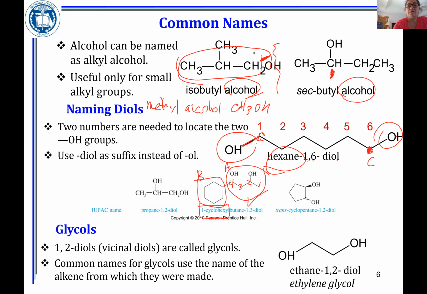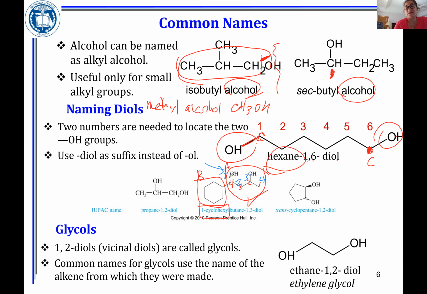Now, when you are numbering, should you number from right to left or left to right? If you number from right to left, you get the OHs on carbon 2 and carbon 4. If you number from left to right on this carbon chain, you get 1, 2, 3, and 4. So the OHs would be on carbon number 1 and 3. So numbering from left to right is more proper.